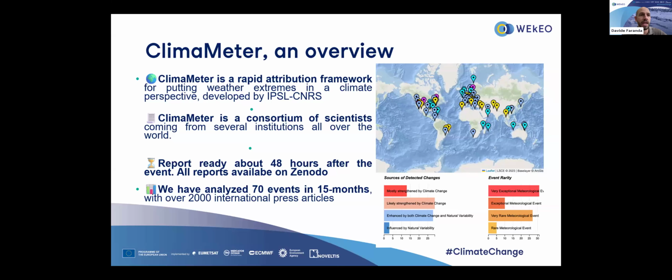In fact, what we aim to is to have our reports ready in 24 to 48 hours after the event. And in fact, as you can see, if you navigate in the website, and you will have a QR code to reach the website at the end of the presentation, you will see that our last event that we have covered is the fire in Canada that is ongoing. So sometimes we also have ongoing events.